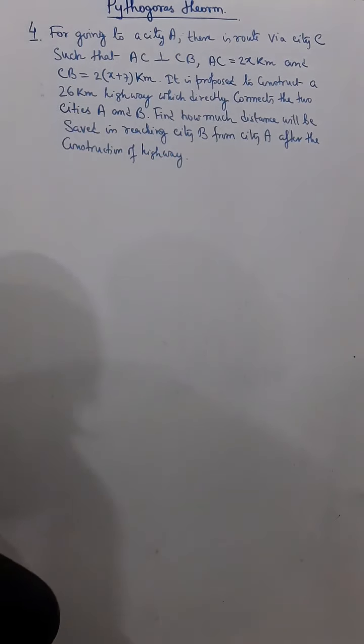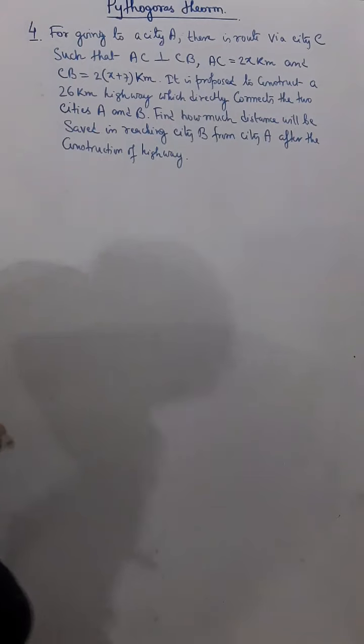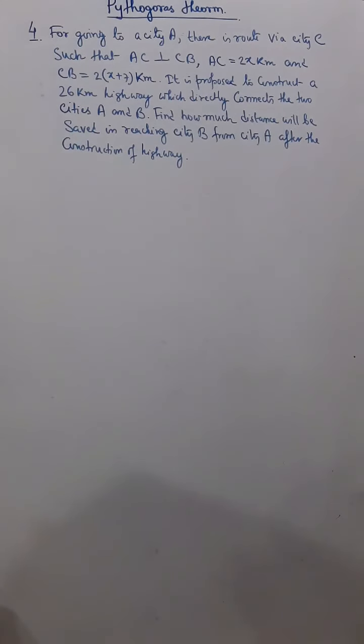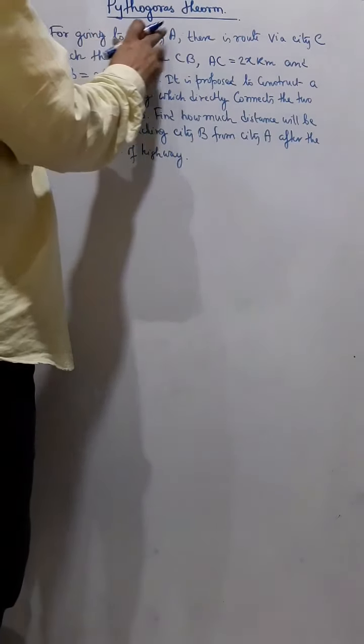Okay, now see this sum. They told for going from city A to city B, there is a route via city C such that AC is perpendicular to CB.